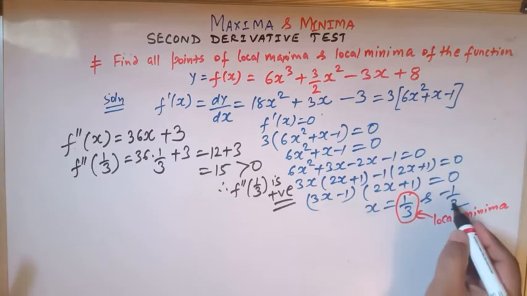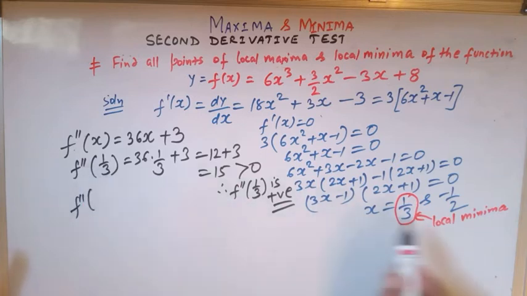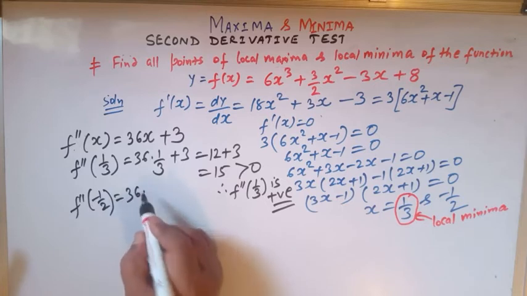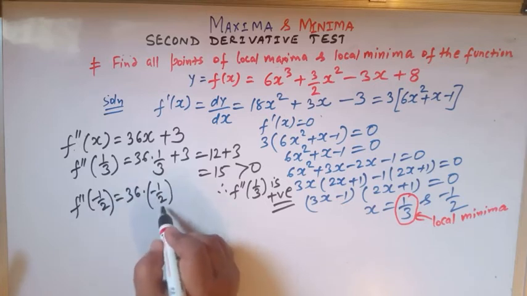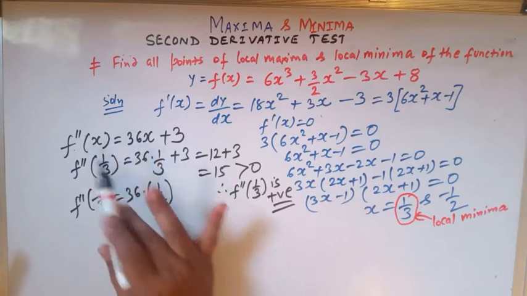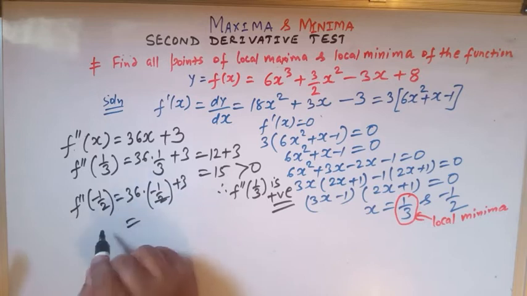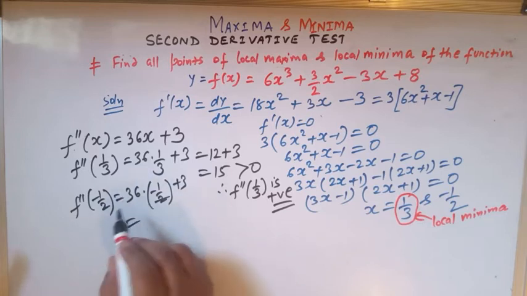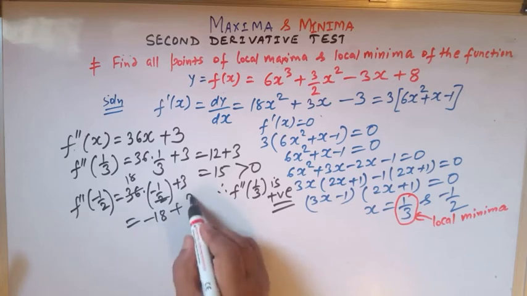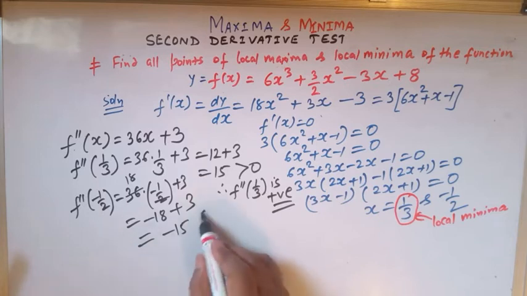Now let us find the value of the second derivative at x equal to minus half. So we have 36 times minus half. Here we will substitute x equal to minus half. So we have plus 3 here. Now 2 18s are 36, so we have minus 18 plus 3, which is equal to minus 15, and this is less than 0.